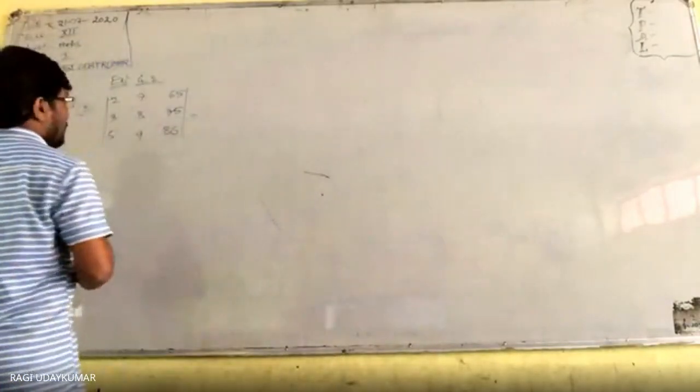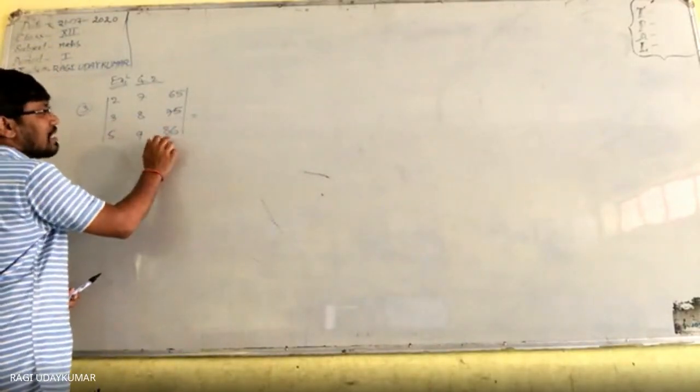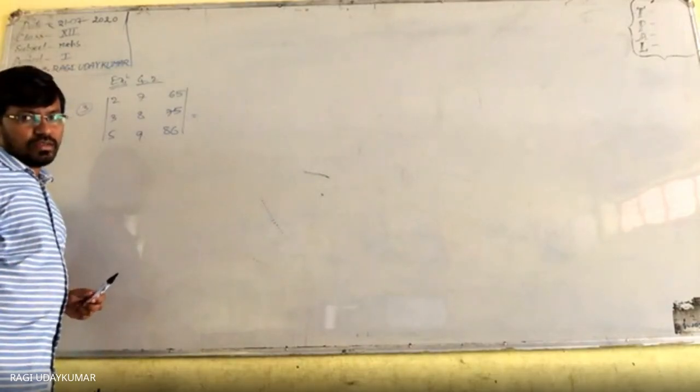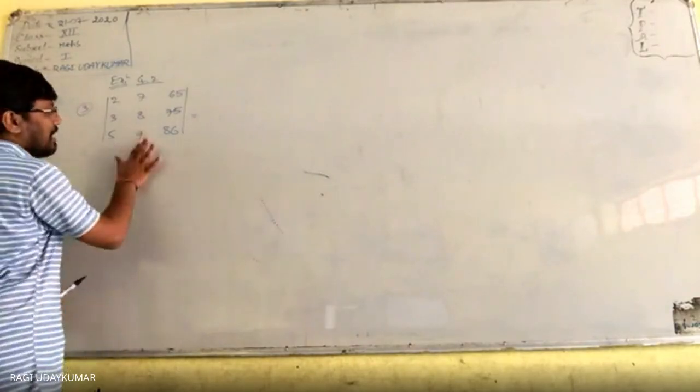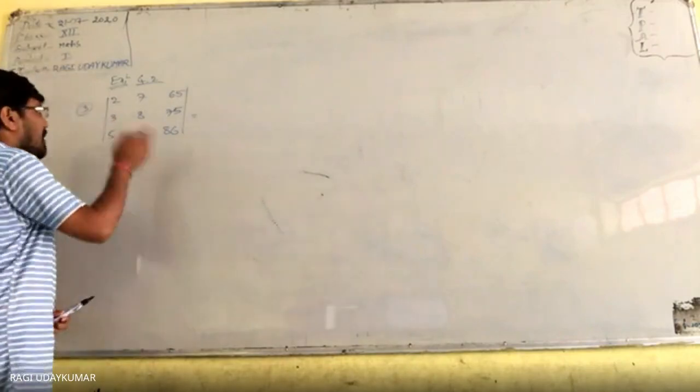Did you get an idea? In one step only you can do it. Very simple: if you do some operations on these two columns, you will get these numbers. Something should be multiplied to this and added to this.